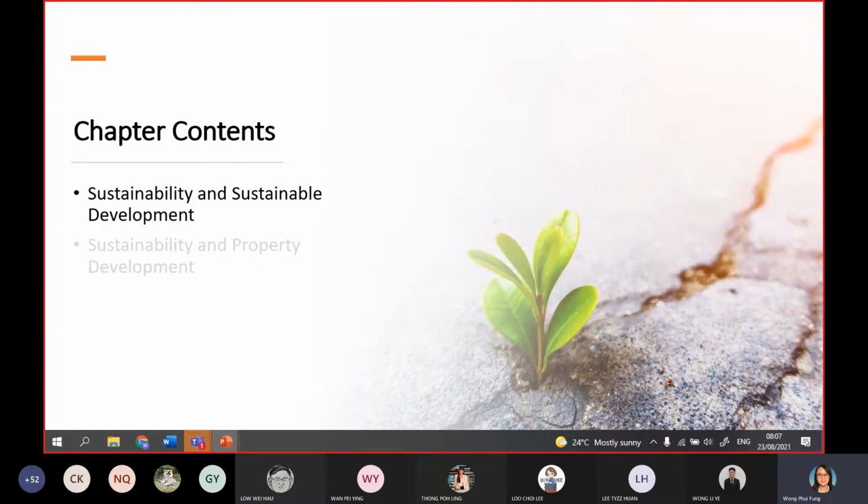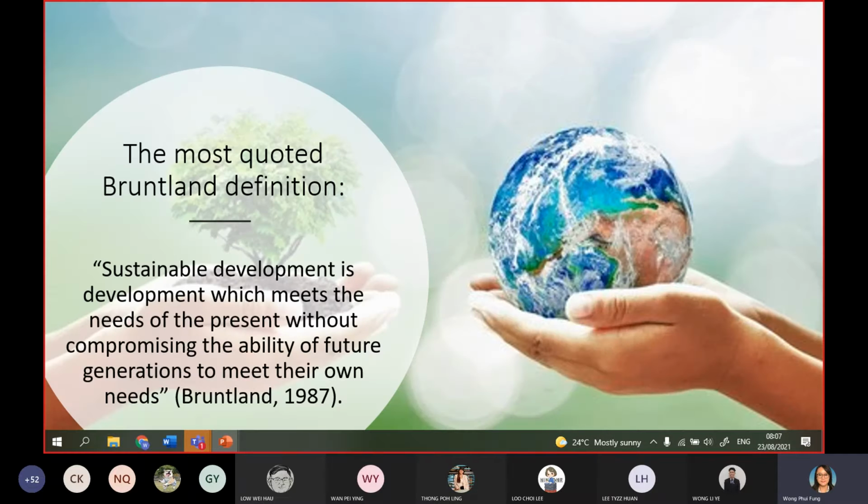So now let's zoom into sustainability. The prominent definition of sustainable development is development which meets the needs of the present without compromising the ability of future generations to meet their own needs.